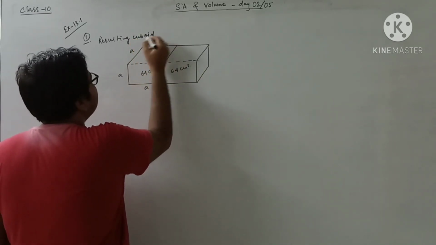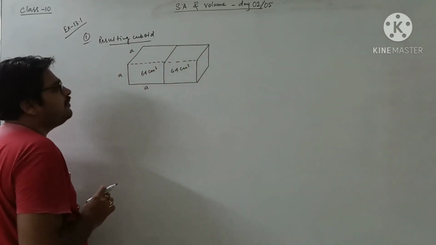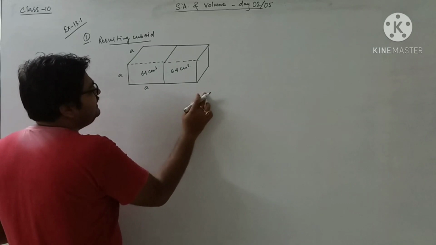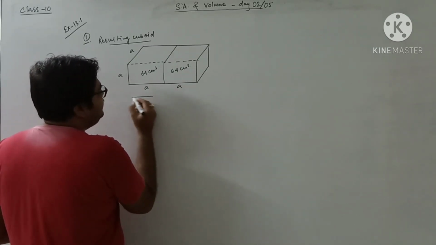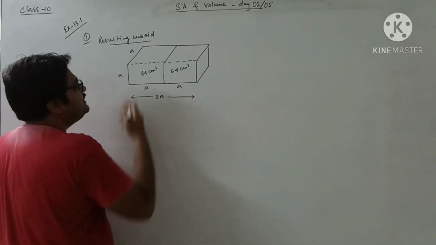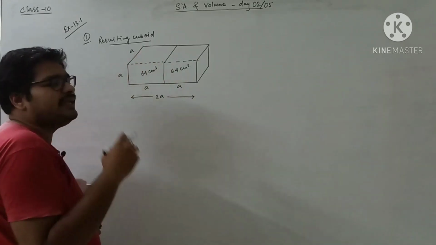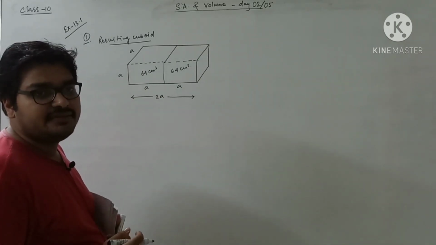Look properly, the length is now not a only, the length is 2a. What is the breadth? a. What is the height? a. So there is no change in the breadth and height, only the change in length.